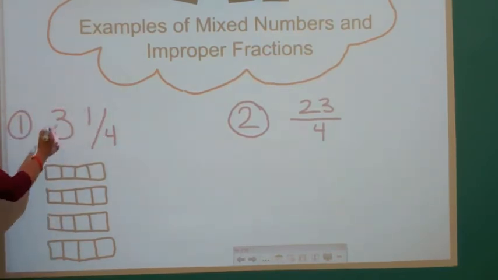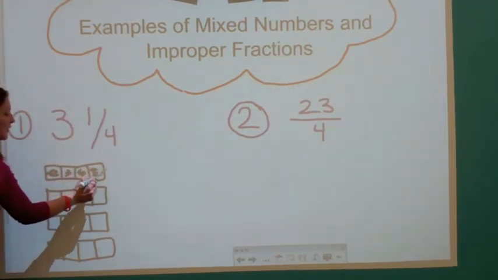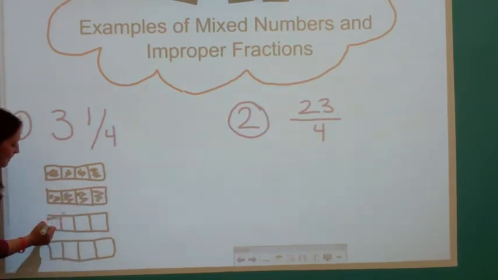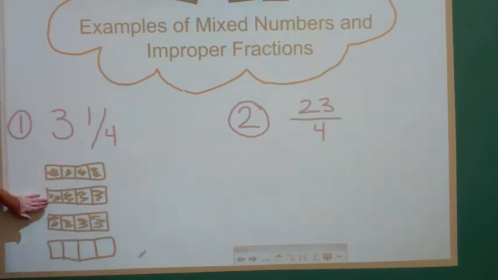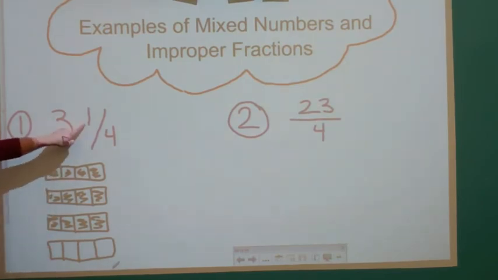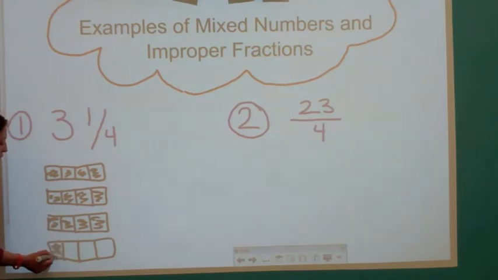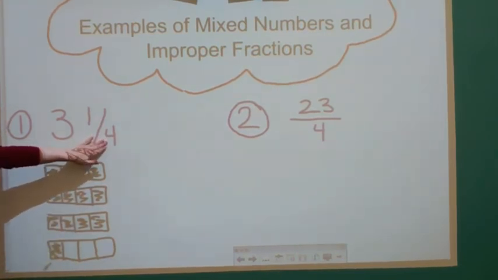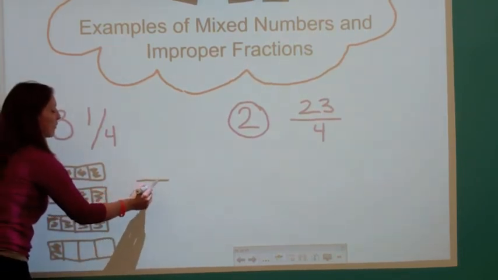So the 3 means that 3 whole bars are shaded. So this represents my 3 wholes. My next bar only has 1 out of the 4 shaded, so I'm just going to color in one of those pieces. And since 4 is my denominator, I'm going to keep that when I make my improper fraction.